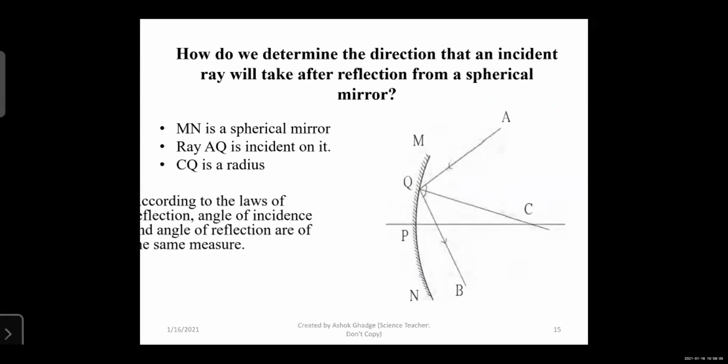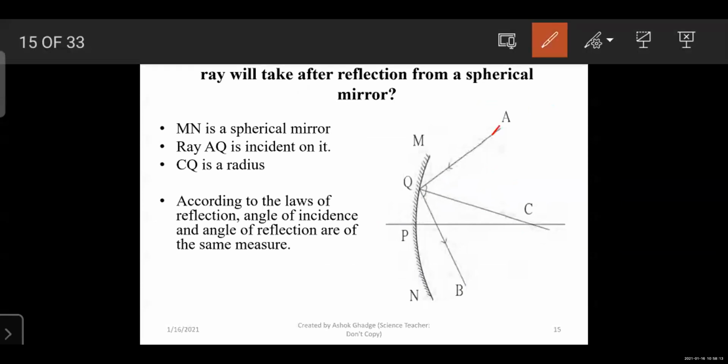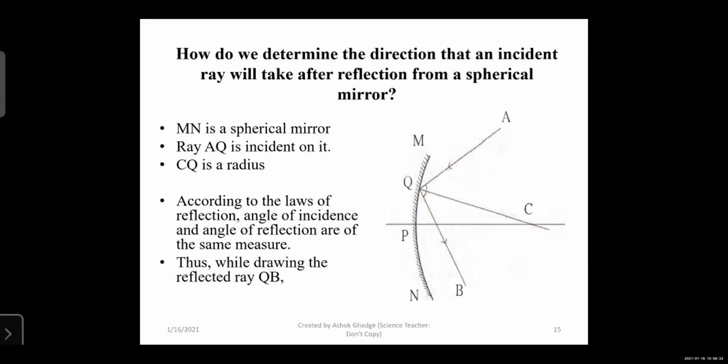Now, according to the law of reflection, the angle of incidence, that is AQC, and the angle of reflection are of the same measure. So angle CQB will be the same.